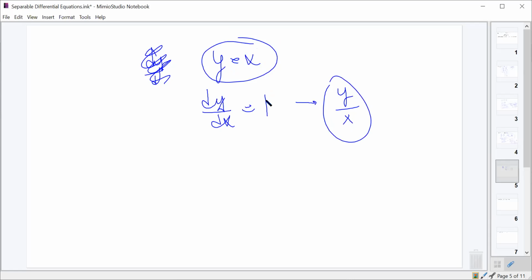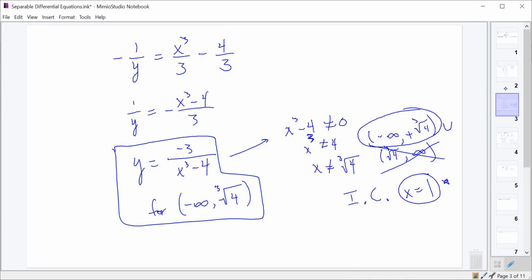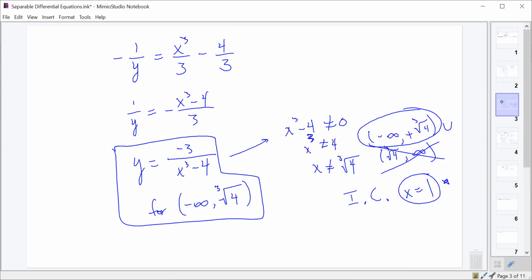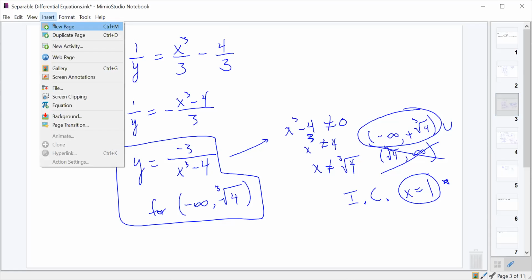that make sense? Yeah. Same thing with that first one we did way back here. What did we get as our final function? We got -3 over x cubed minus 4. So if we were to differentiate that, in fact, let's just for fun do that.